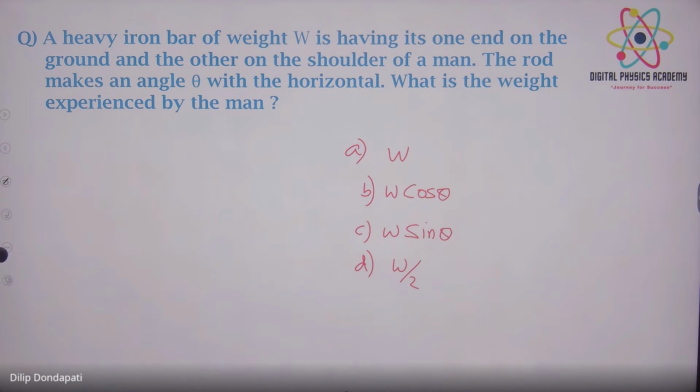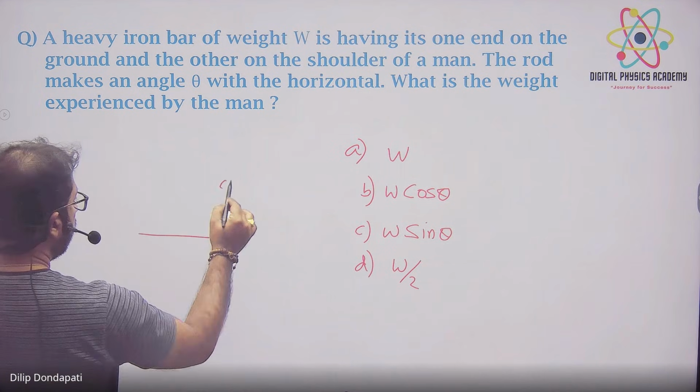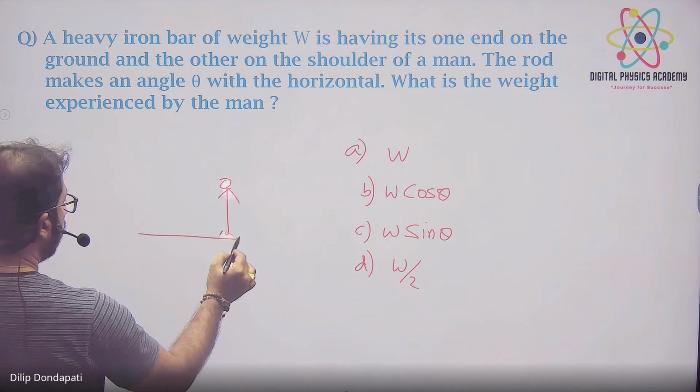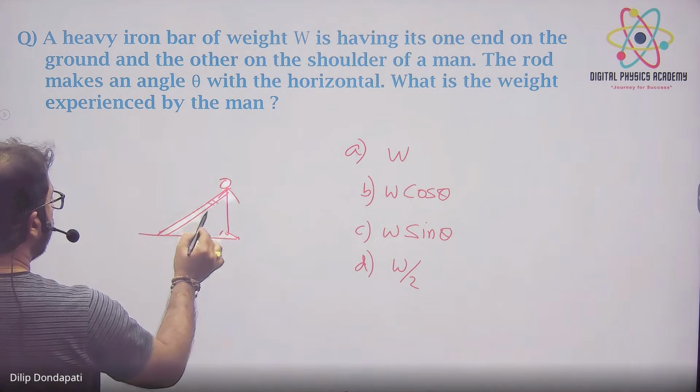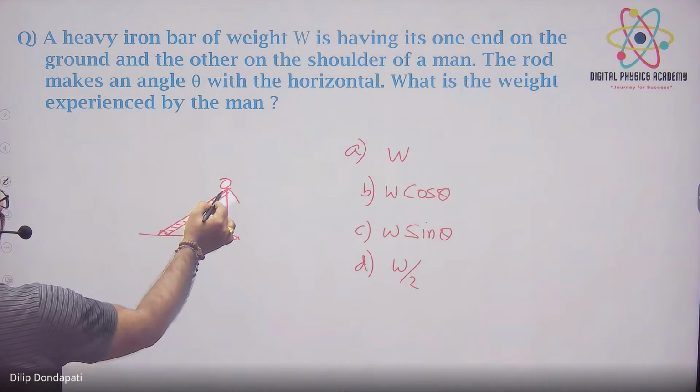So diagram note. Heavy iron bar of weight W is having its one end on the ground and the other on the shoulders of the man. Same thing, like wall के जगह में shoulders. Iron bar है.